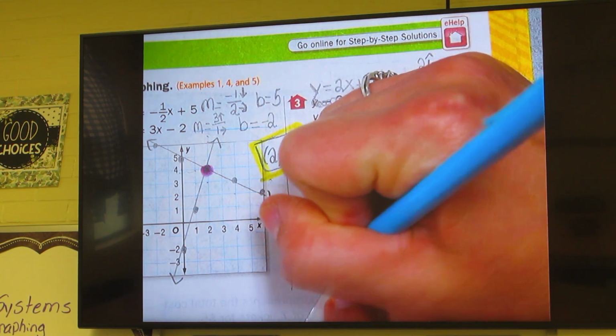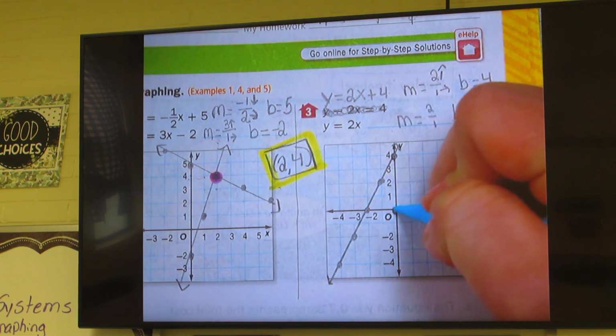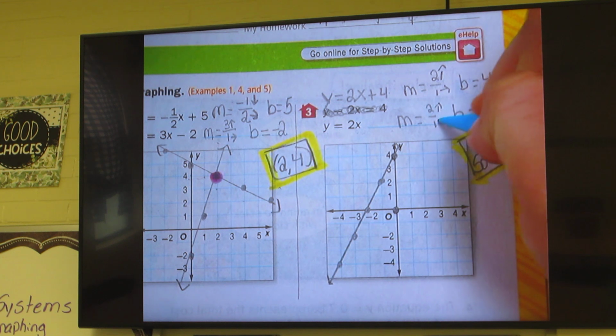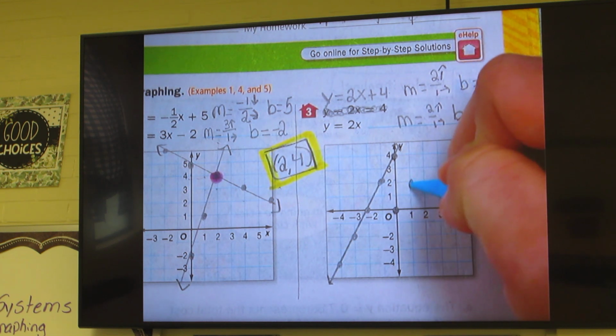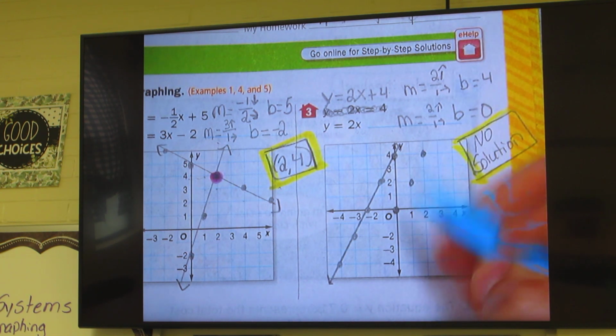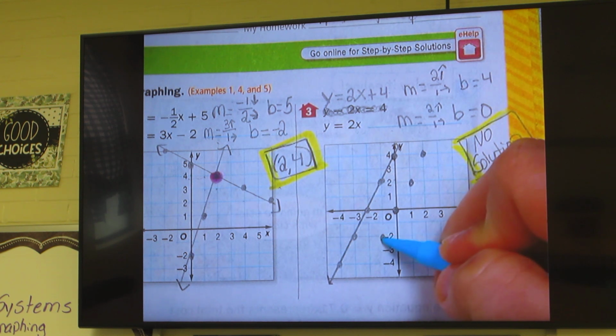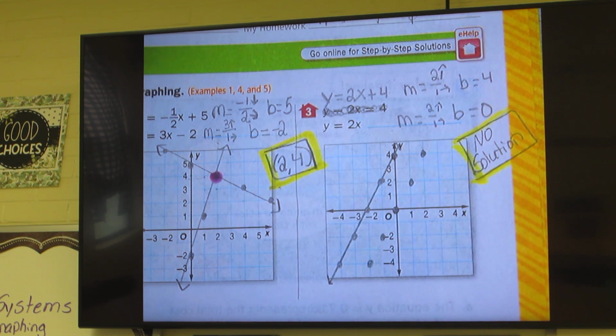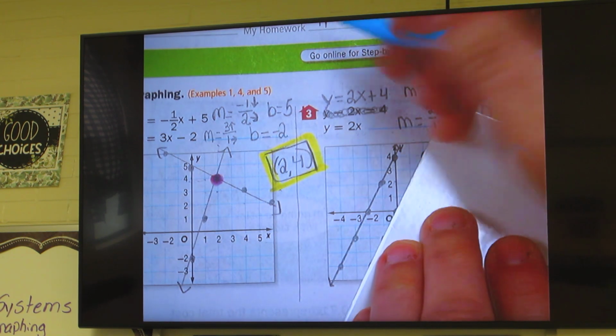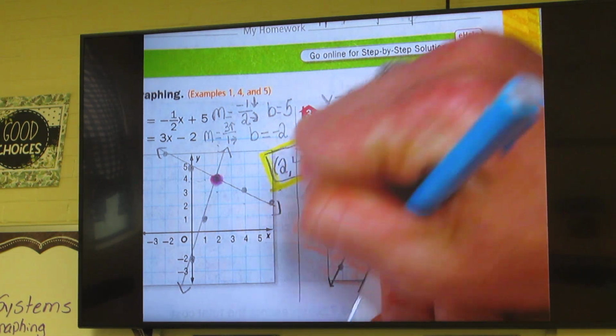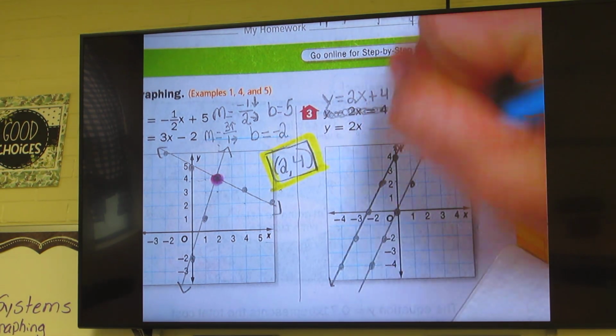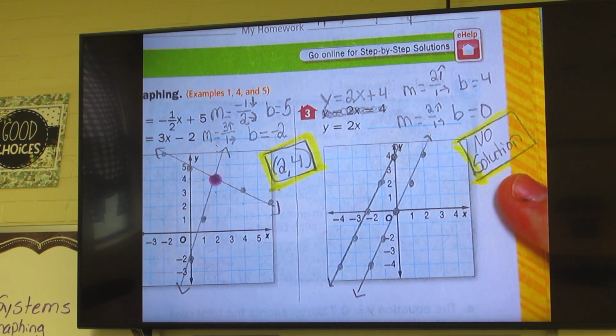Now, on this next one, I'm going to start at 0 and go up 2, right 1, up 2, right 1, up 2, right 1, reverse and go down 2, left 1, down 2, left 1, and as you can see, these two lines do end up being parallel. So we have our no solution answer.